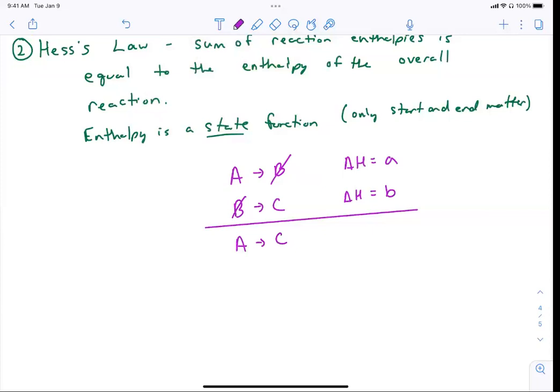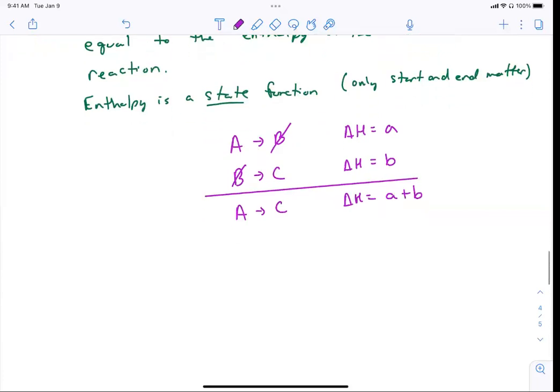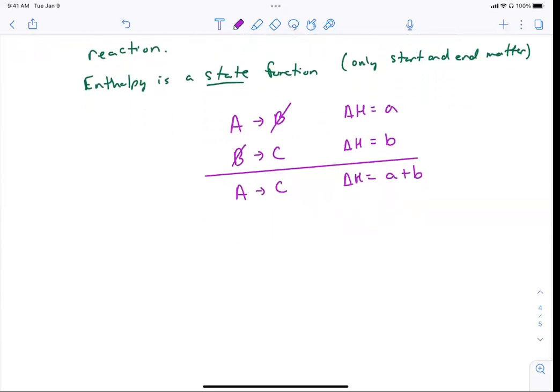If they're the same amount, they just cancel out. If they're different amounts, then you simplify it. Remember balancing half reactions we did in oxidation reduction? You don't have to do that here, but when you had waters on both sides, you would simplify it. Like if you had 6 waters on one side and 3 waters on the other side, you had a net of 3 waters on one side. That's the same concept. The delta H of this reaction would be A plus B. That's what Hess's law states.